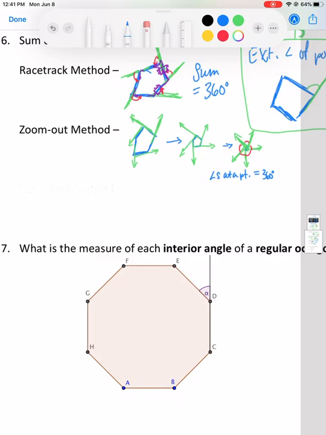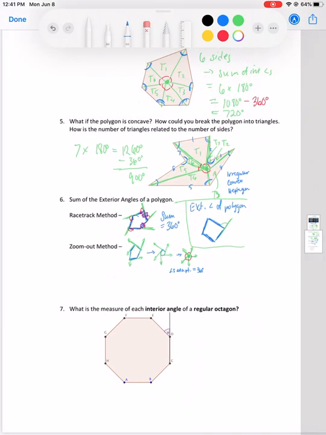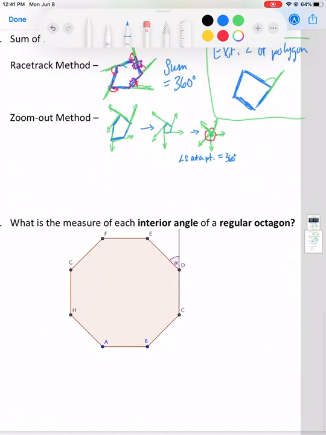Now we're going to find the measure and do some practice here. What is the measure of each interior angle and exterior angle of a regular polygon? If we wanted to find the interior angles, all interior angles together, we'll start with that, and then we will go to each one.